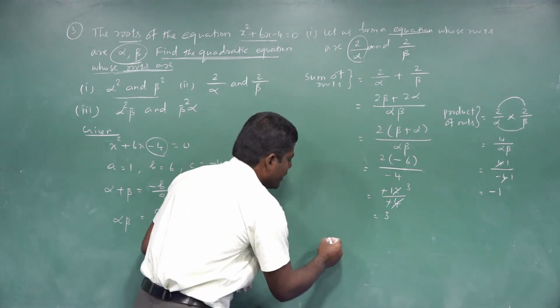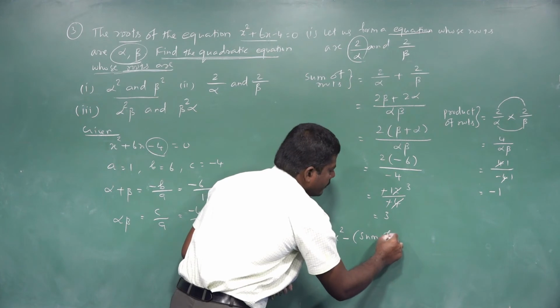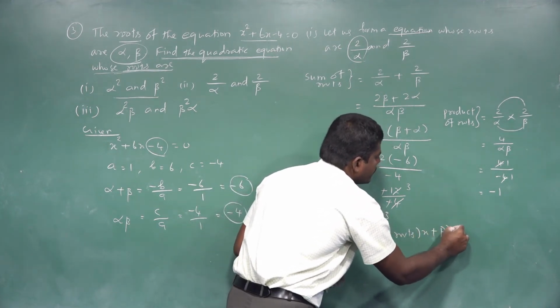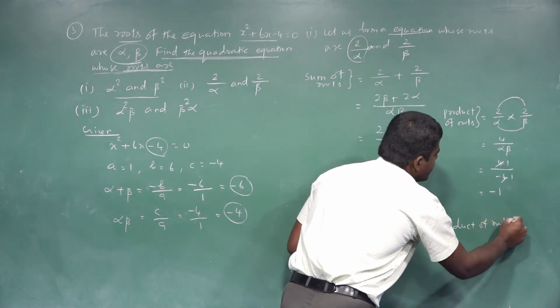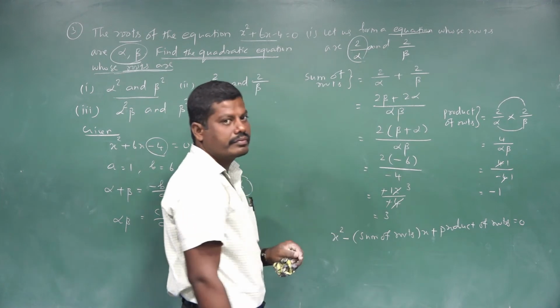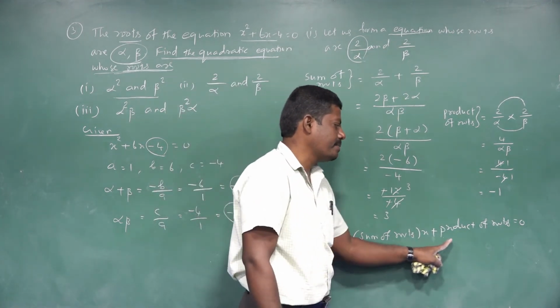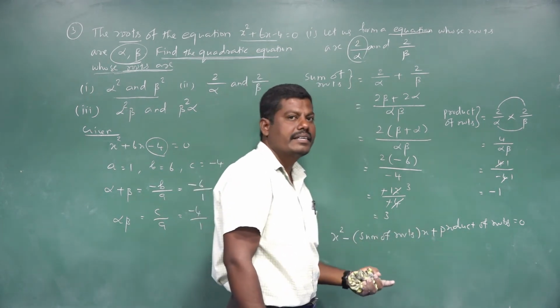Now we know the formula: x square minus sum of the roots times x plus product of roots equal to 0. This is our formula. The required quadratic equation is x square minus sum of the roots times x plus product of roots equal to 0. Already we know the sum of the roots and the product of roots.